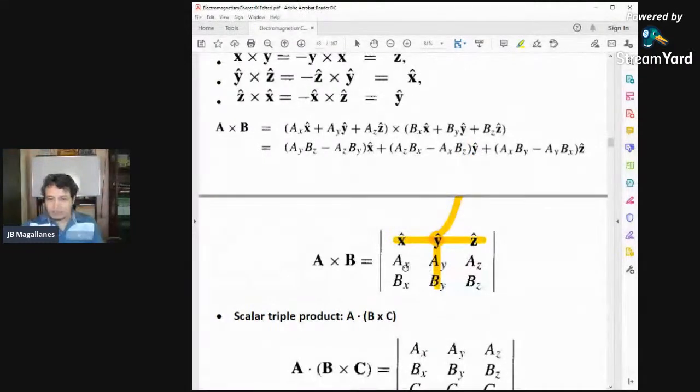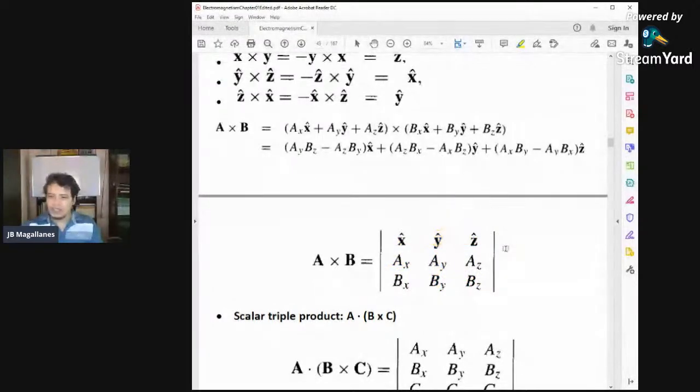You have AXBZ minus AZBX here. But the negative sign here would be compensating with the order of the terms here. So that's now AZBX minus AXBZ. So that's for the second term.